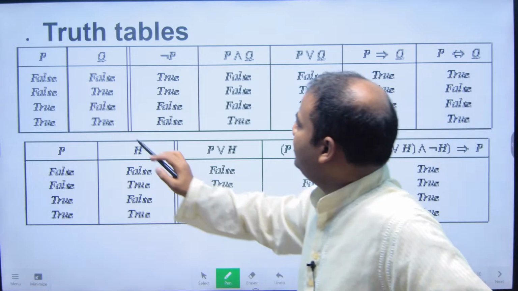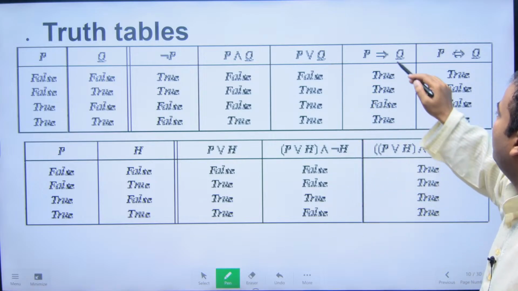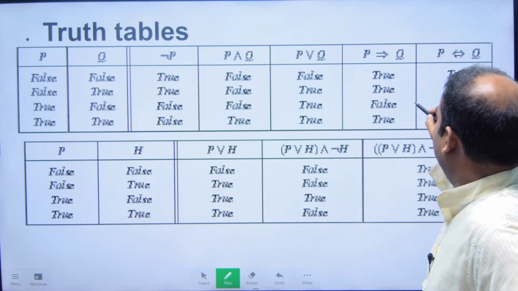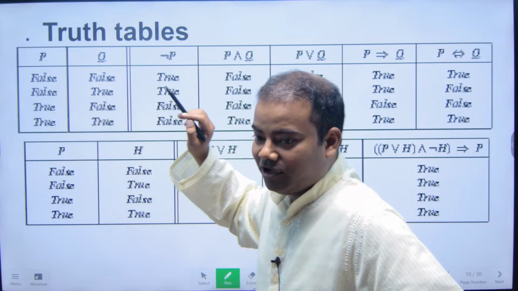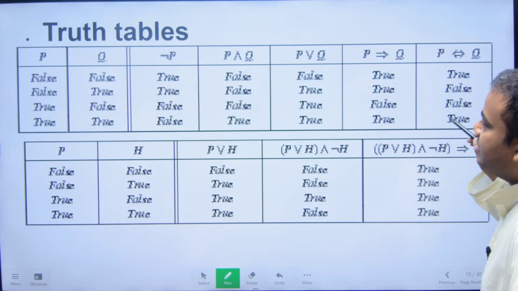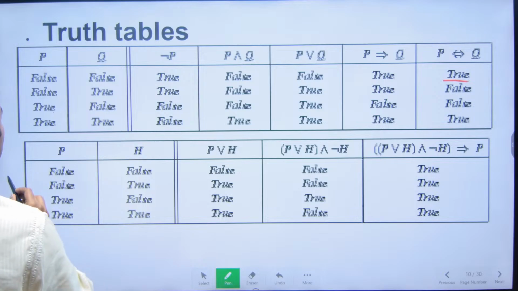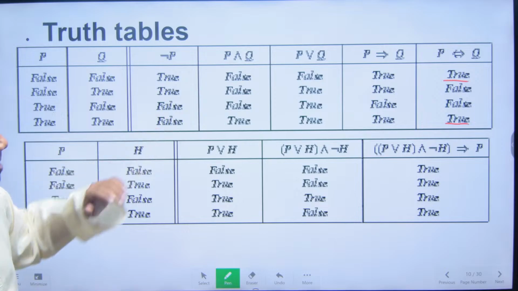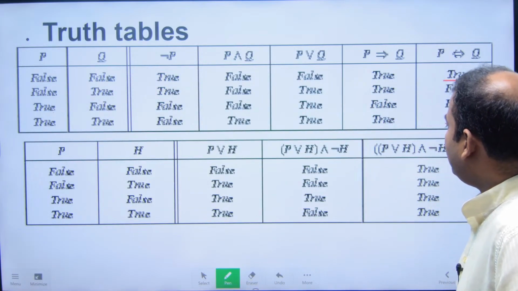Now this you have already seen: P, Q, not P, P and Q, P or Q. If P then Q, you also know that it is false in only one condition, when the first condition is true and the second condition is false; otherwise it is true. And for biconditional, if both are false, then it is true. If both are true, then it is true; otherwise it is false. This is what we have done. Now what I am saying is that using a truth table you can prove anything.